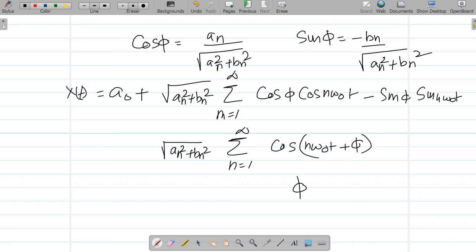Your phi is nothing but tan inverse of negative Bn divided by An, or it can be written as negative tan inverse of Bn by An.